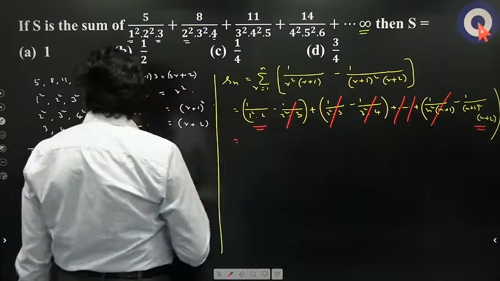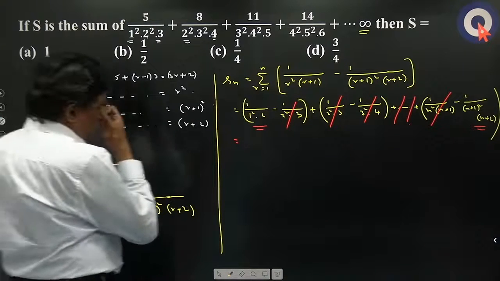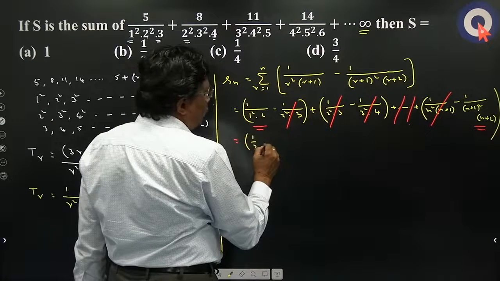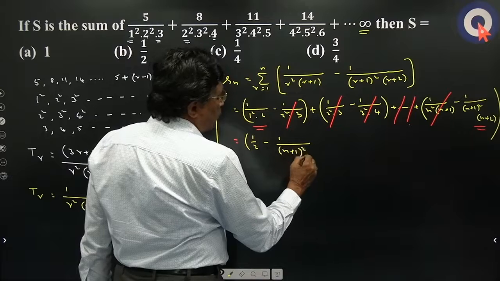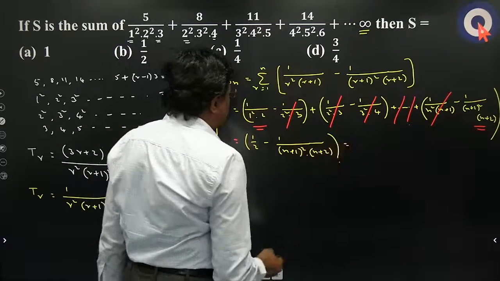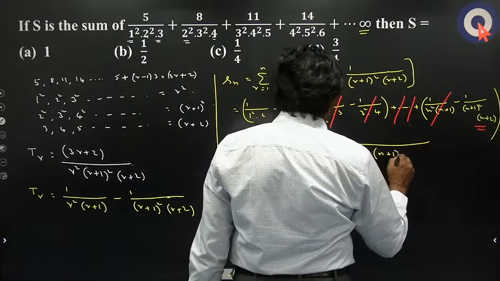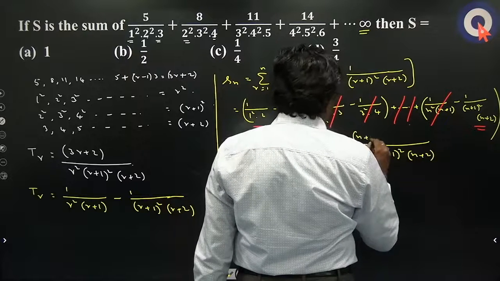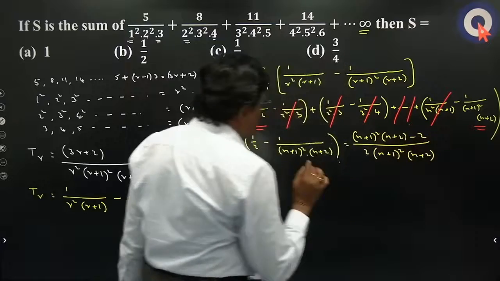So what you get here is 1 by 1 square into 2, which is half, minus 1 by n plus 1 whole square into n plus 2. This is what we get here. So which is n plus 1 whole square into n plus 2 minus 2, by 2 into n plus 1 whole square into n plus 2. So this is what is the sum to n terms.